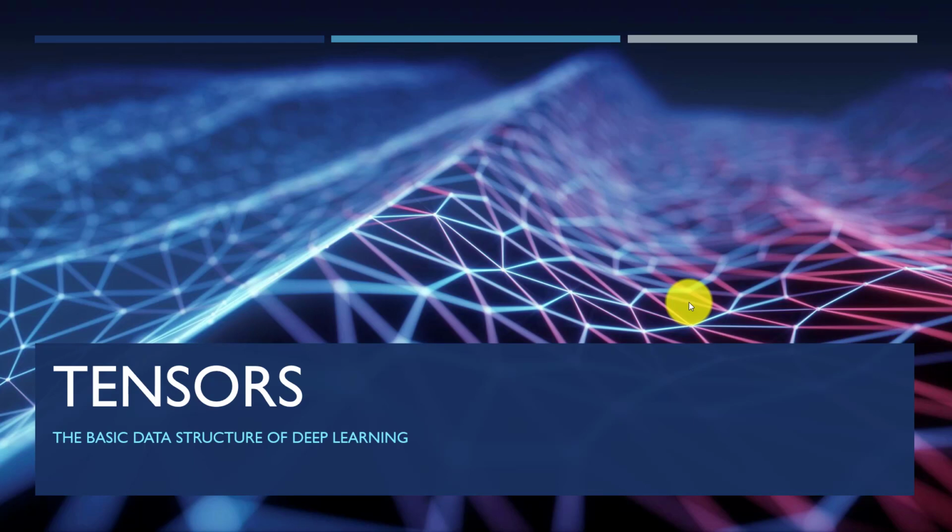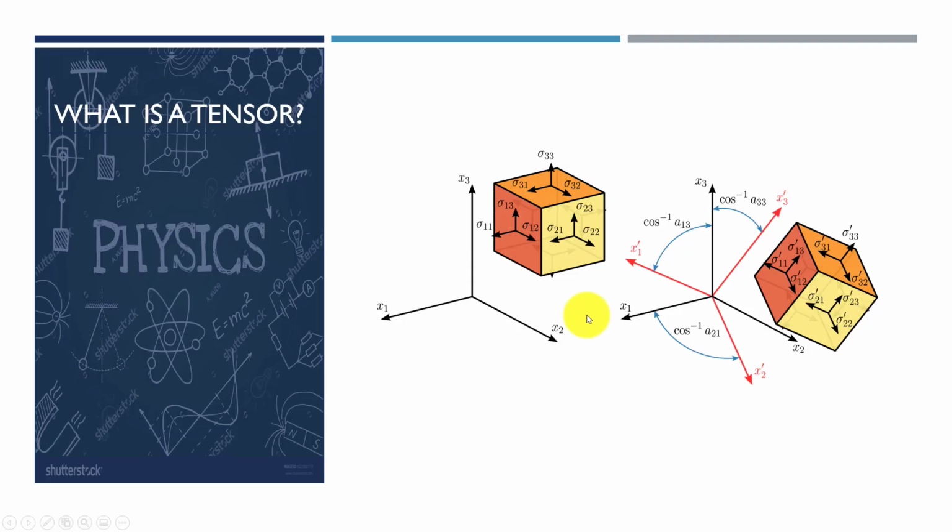Okay, so tensors are a very generic term because this was initially developed by physicists for different problems related to physics. Even if you see the Einstein field equation, you will see a lot of applications of tensors there as well.